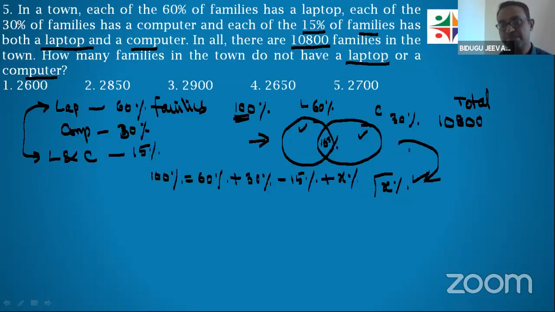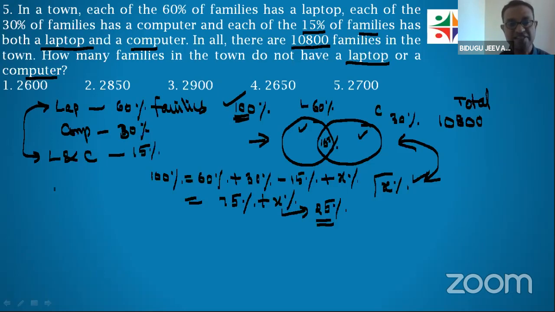All together, this part will become 100%, right? Now, it is 90 minus 15, 75% plus X%. So this is nothing but 25%. So 25 plus 75, 100%, right?